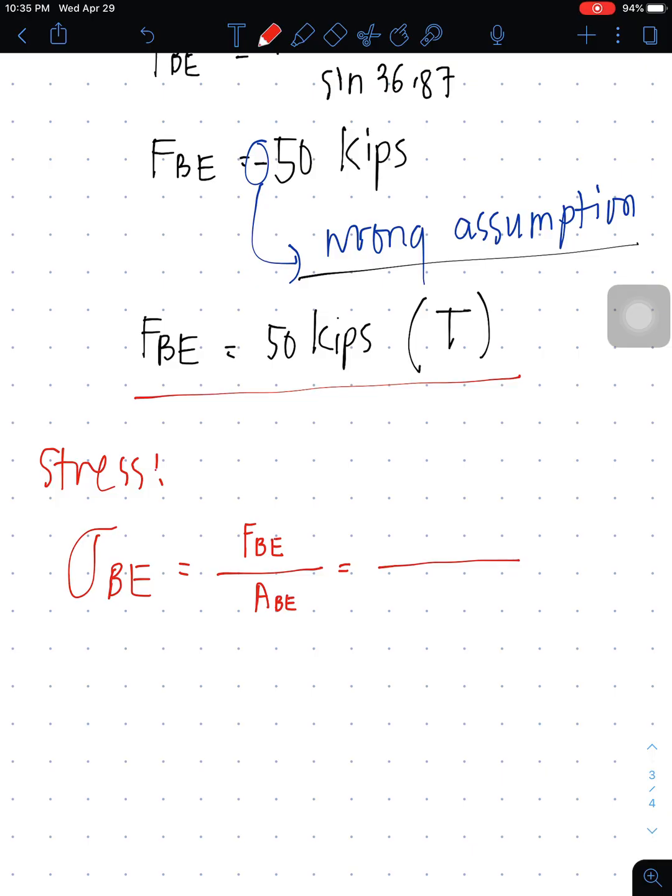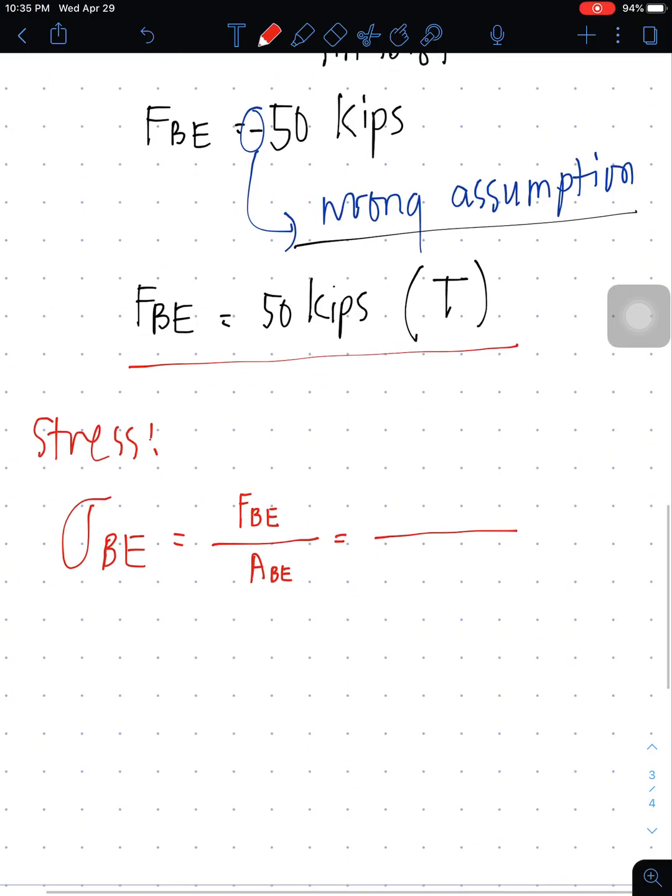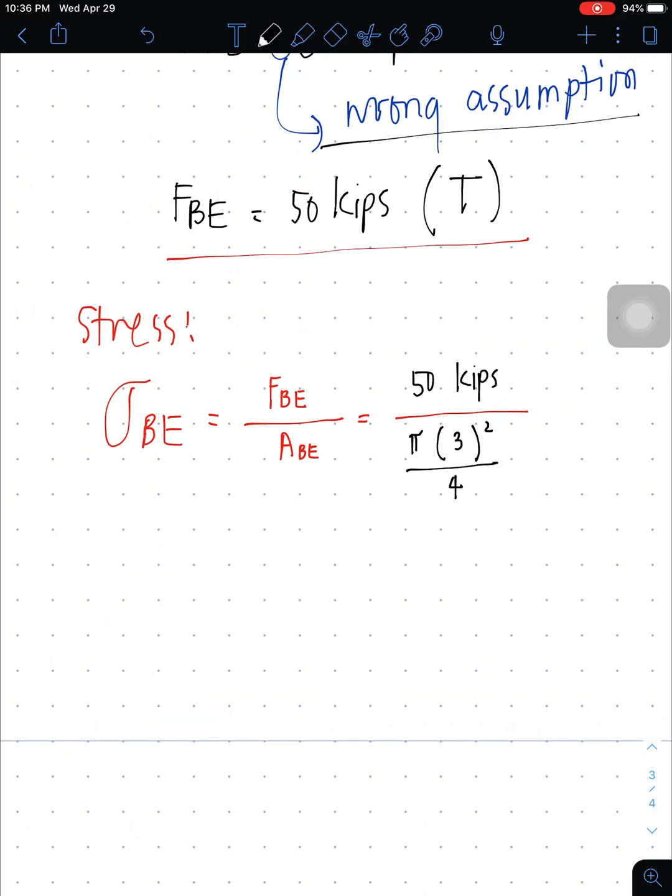So let's write 50 kips over pi times 3 squared over 4. So this is our stress for BE.